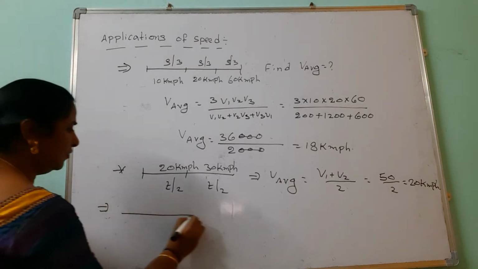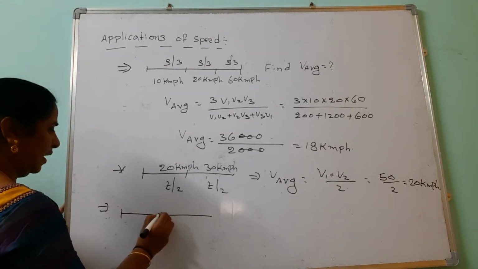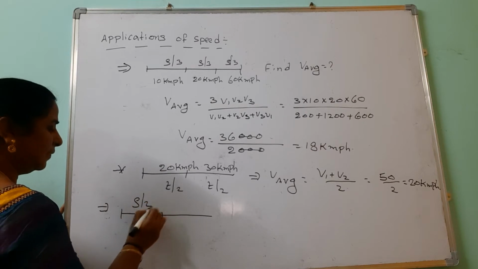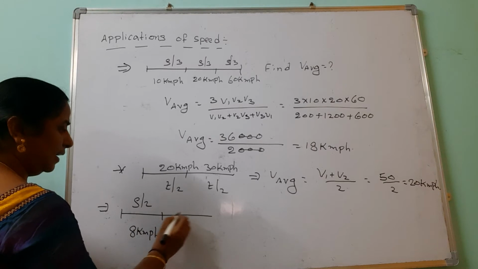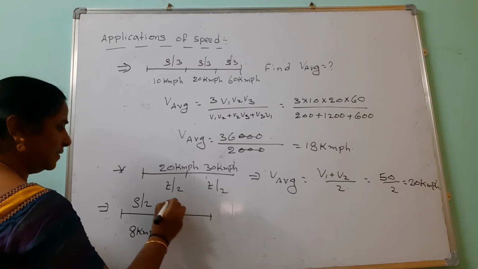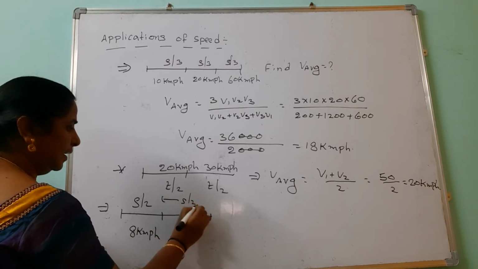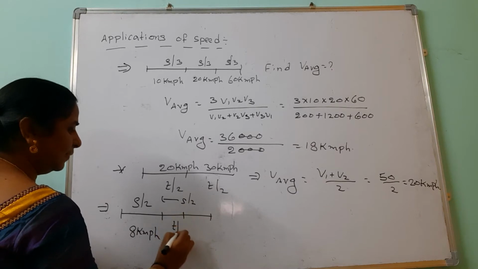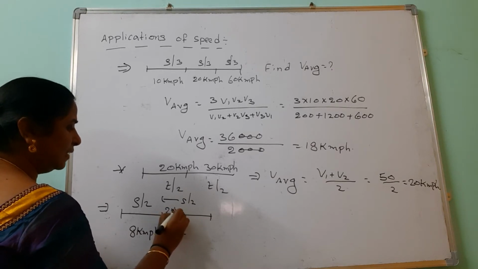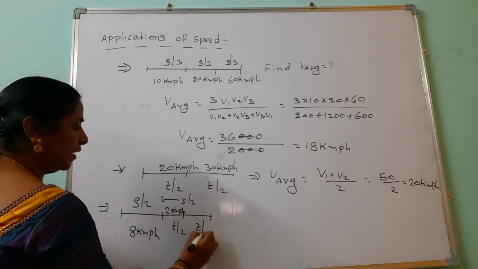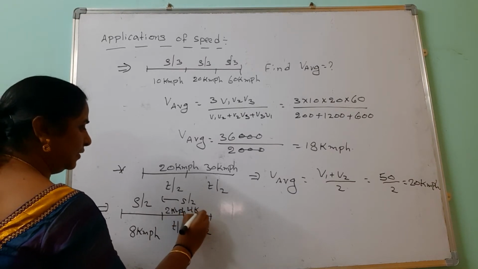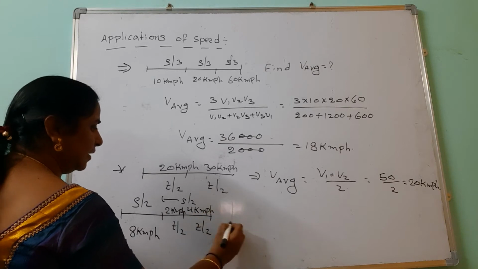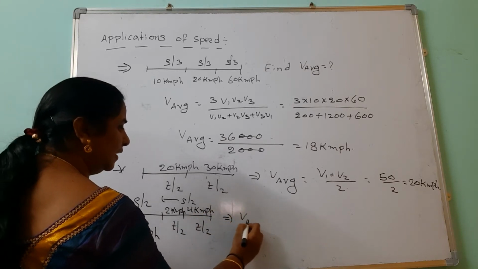See, if the body covers half of the distance at 8 km/h, and for the remaining half of the distance, in this half of the time it covers 2 km/h and the remaining half of the time it covers 4 km/h. In this case, how to find the average speed?